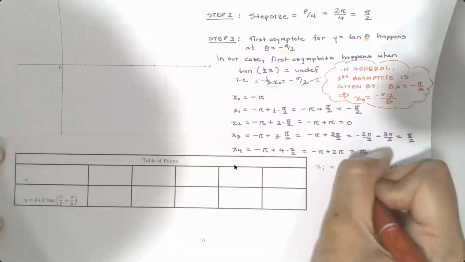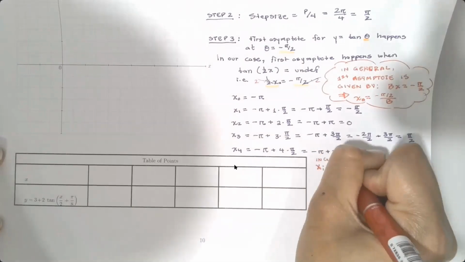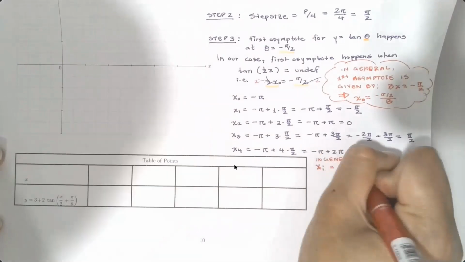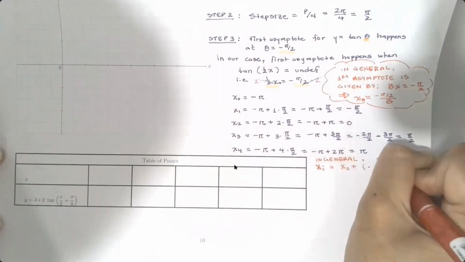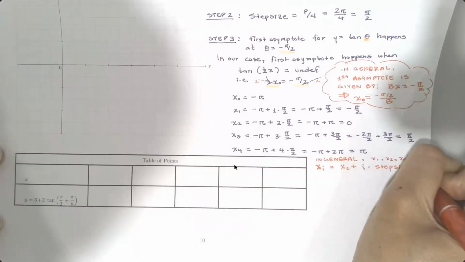And so this is again in general, x1, x2, x3 are given by this.